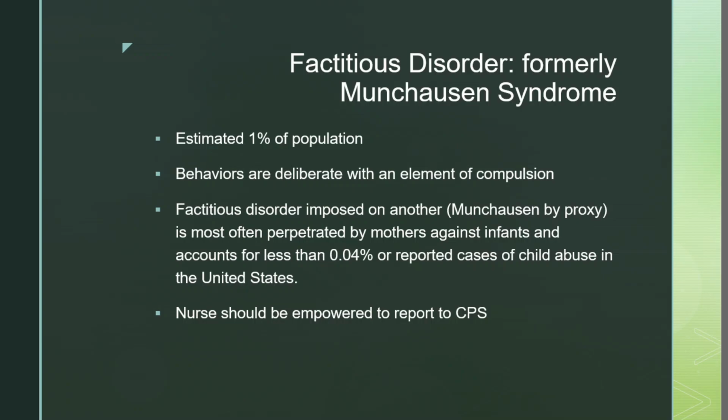So the patient no longer has these real, true beliefs that something is happening. They're doing this for a purpose. They are consciously lying about something. So they're deliberate, and oftentimes there's that element of compulsion. They'll have an obsession and then a compulsion where they have to act this out.